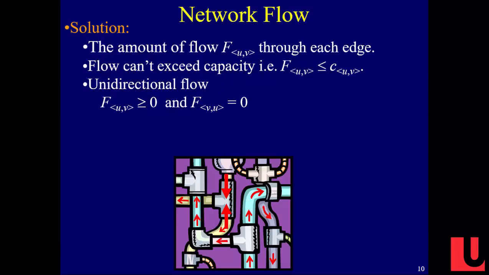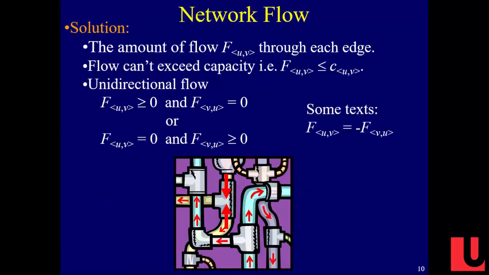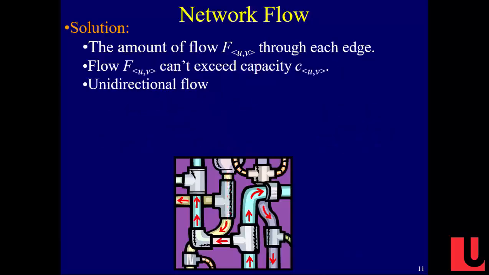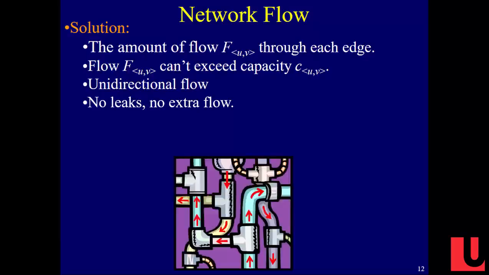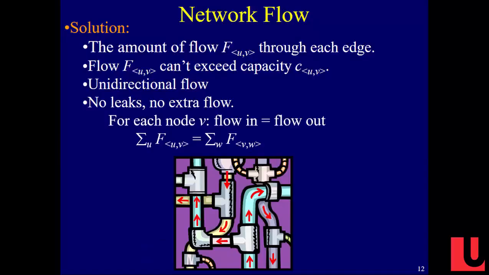We're going to have this requirement, even though some texts will do the negative. And now we have another requirement: that the graph doesn't have any leaks. Water doesn't leak out, and water doesn't just appear from nowhere. So for every node V, let's take the total flow coming in, the sum over all U of the flow coming in.